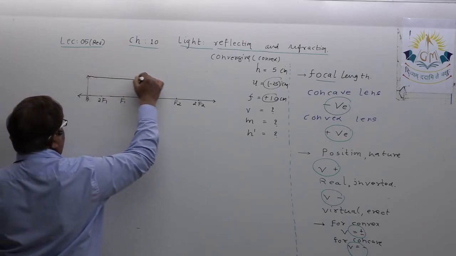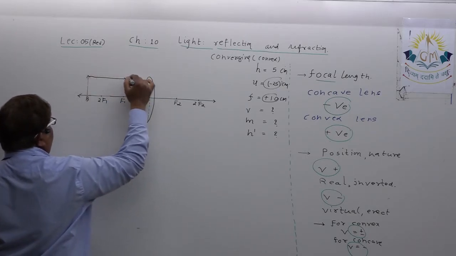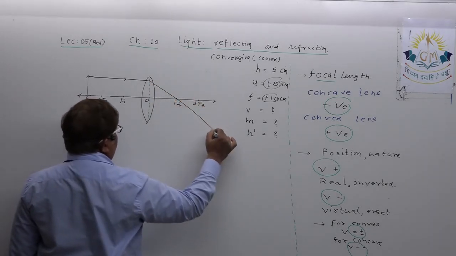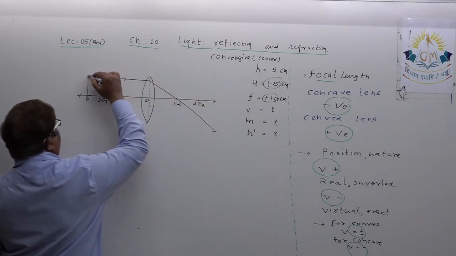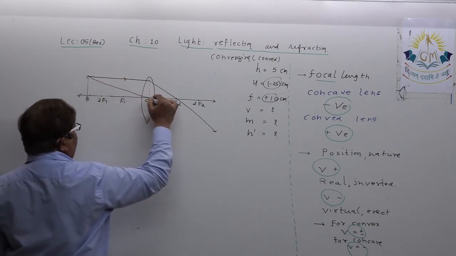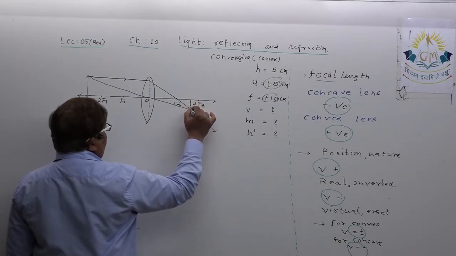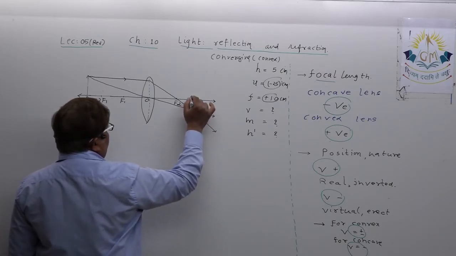First, this is what you have already practiced, which is going to pass through the focus. And another one directly passing through the optical center to intersect here, and this is the image, dear student, A' B'.